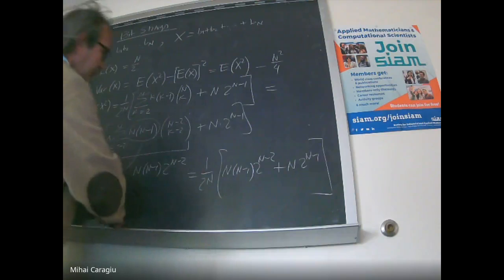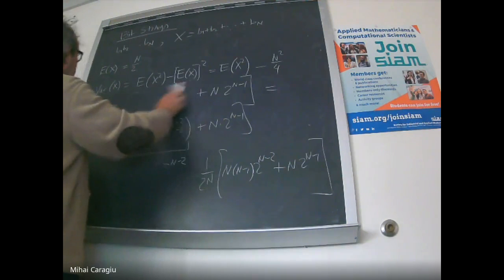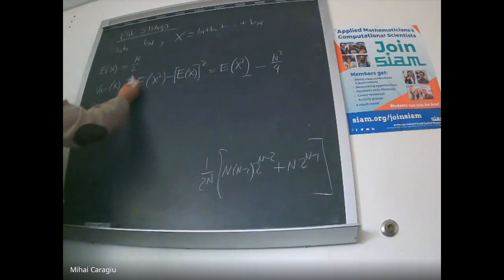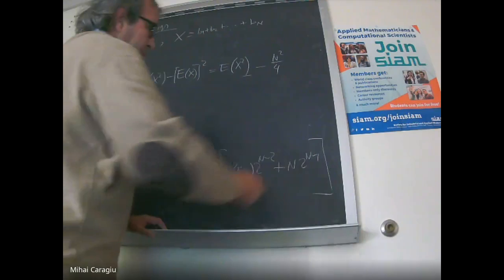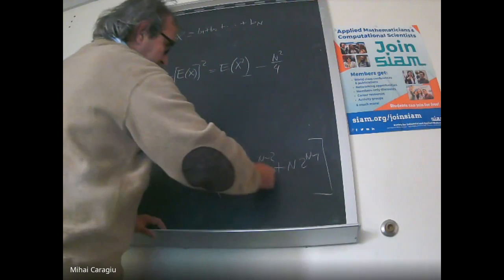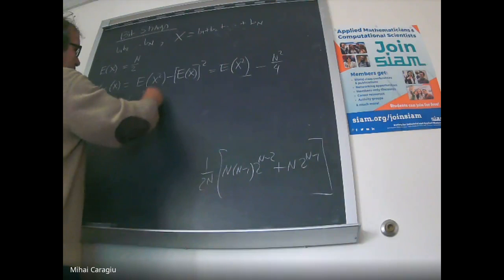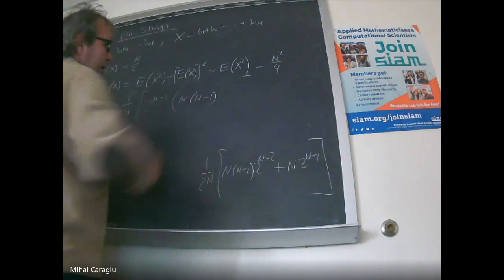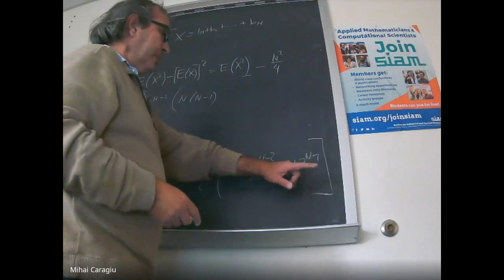Okay, so let's see what it is. Expected value of X squared is 1 over 2 to the power n times... We can pull out 2 to the power n minus 2 as a common factor, times n minus 1 plus, putting the factor of 2 to the power n minus 2 out, an extra factor of 2 from here, plus 2n.